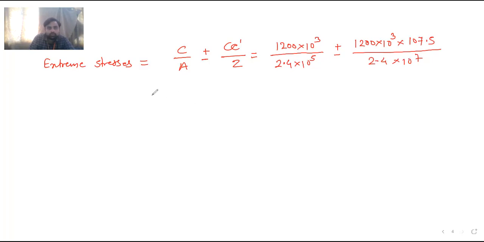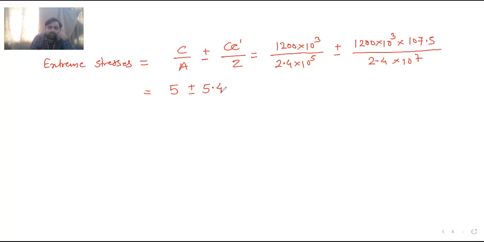Let me know the values of both the brackets. For the first bracket, you have already calculated 5, and then plus minus 5.37, 5.437. I have taken it as 5.4.